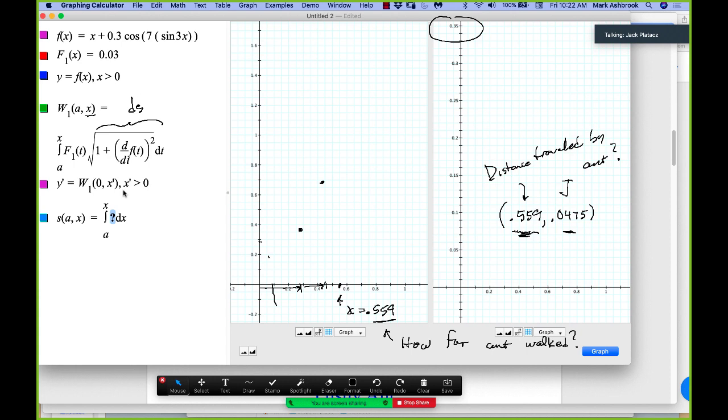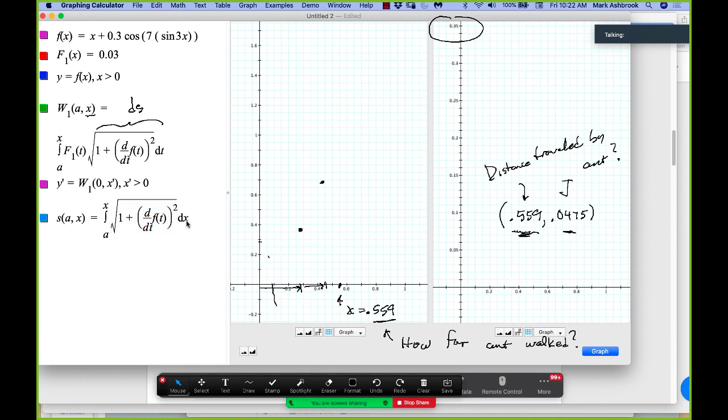The square root of 1 plus the derivative of f of t, squared. Right, ds. I'm going to need this thing right here, so I'll copy, paste, dt.